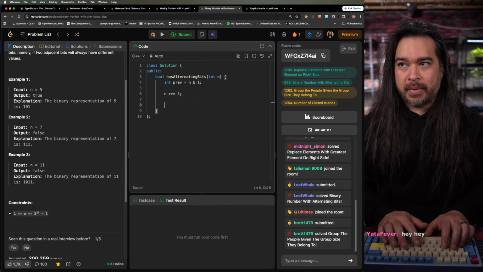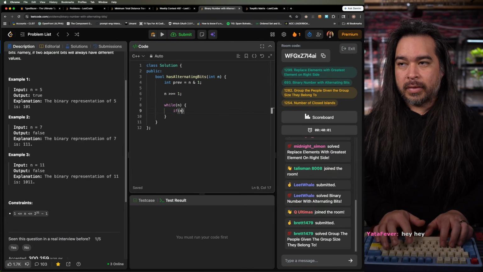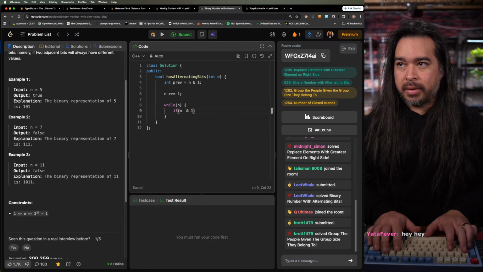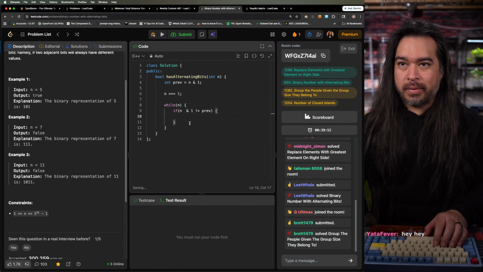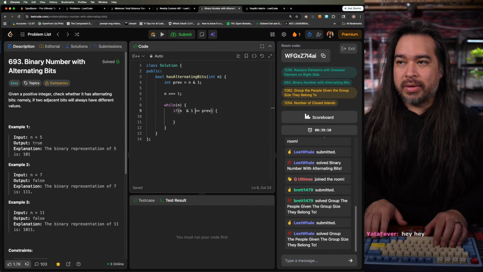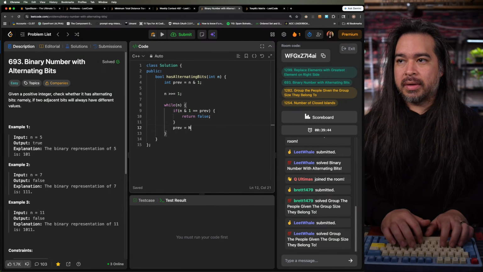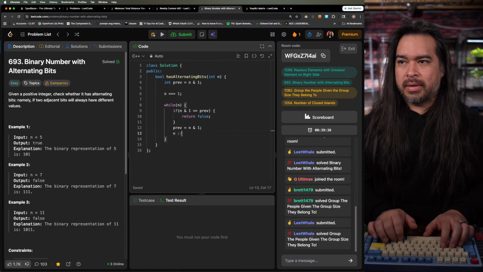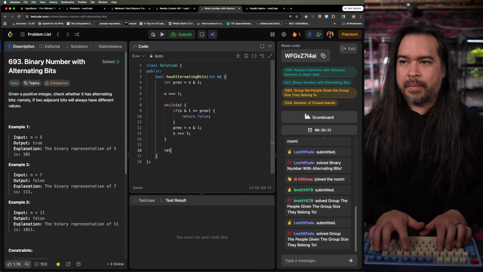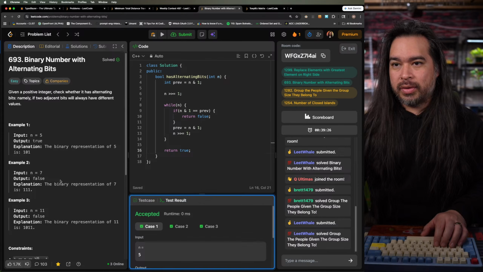Get rid of that bit, and then I'll say if the current bit is not equal to the previous bit. No. If the current bit is equal to the previous bit, return false. And then shift it by 1. Who knows, man? Let's see. True, false, something.